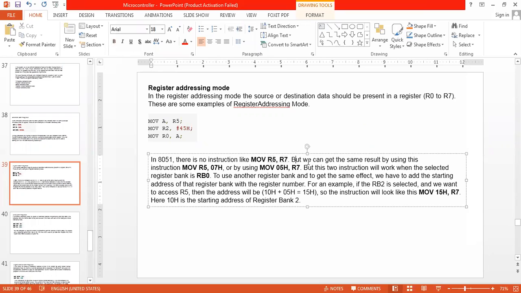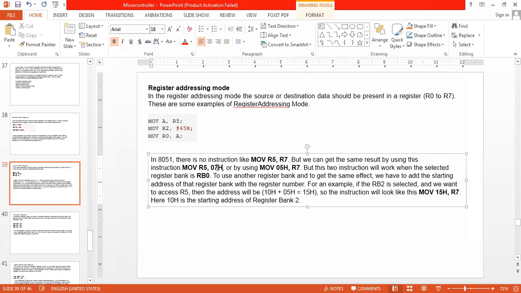But instead, what we can do is make one destination or the source a register, and then the other should be the address of a particular register from R0 to R7. It cannot be R0 or R7 itself; it can be the address of that register. As in the example, MOV R5, R7 is an invalid instruction.